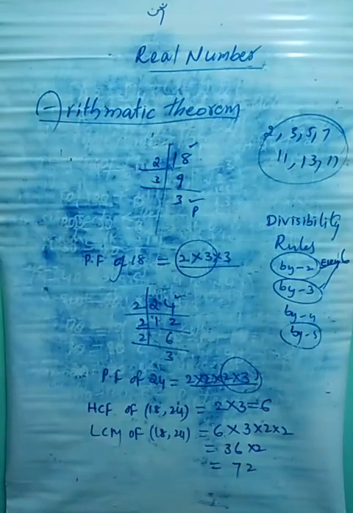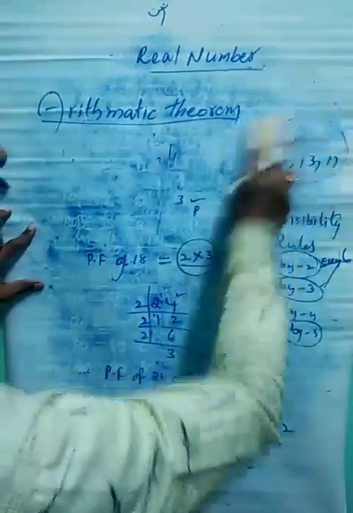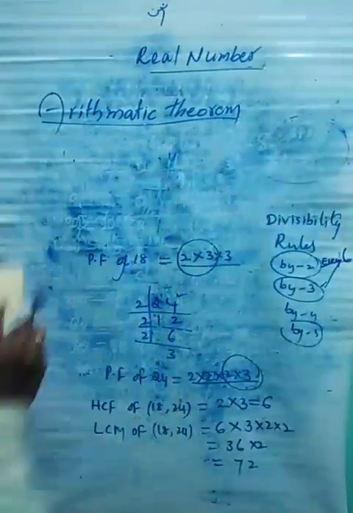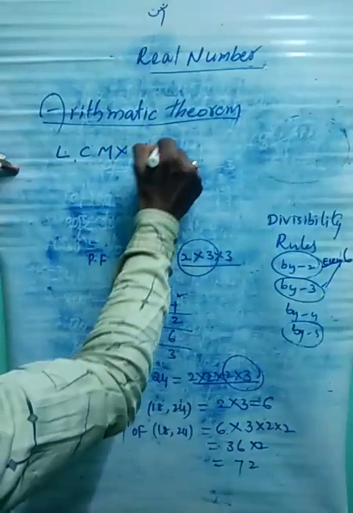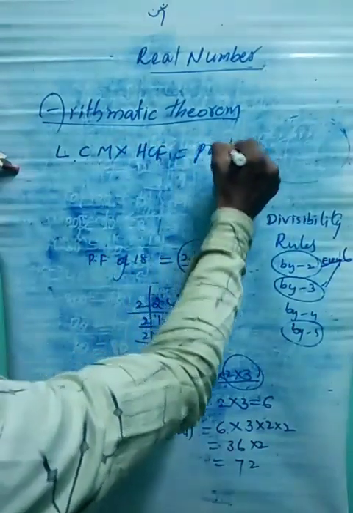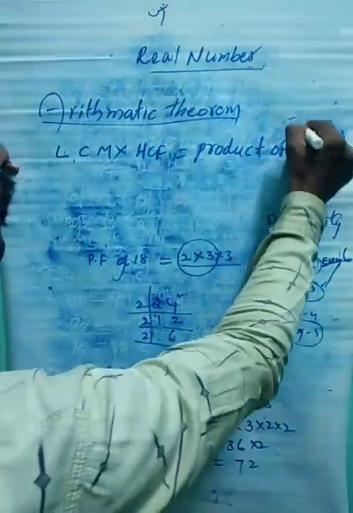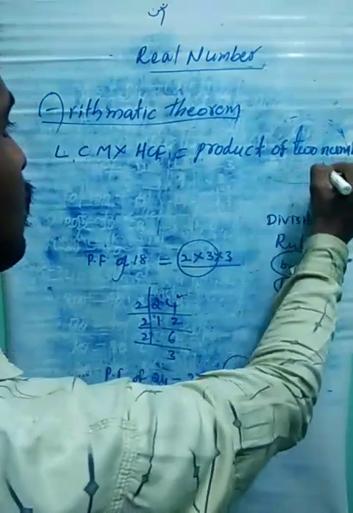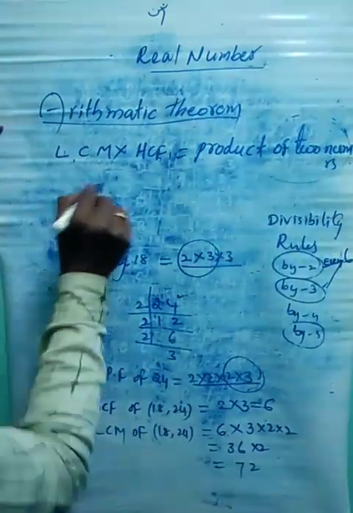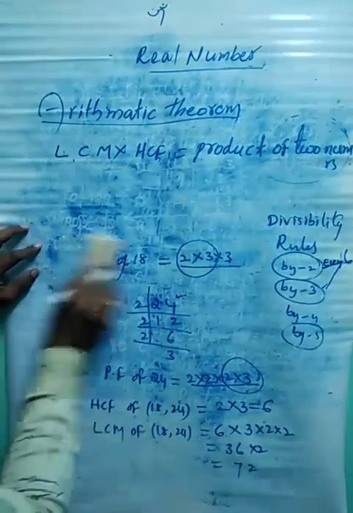This is the LCM. Relation between LCM and HCF: LCM into HCF is equal to the product of two numbers. Here three formulas are written using this one.